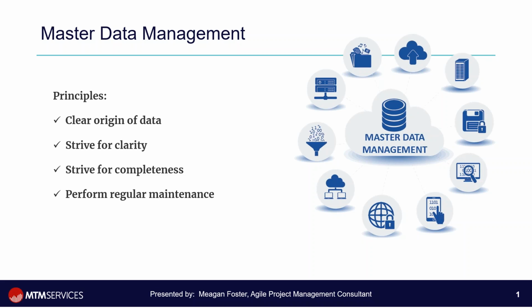We also want to strive for completeness. So wherever we have data that is missing or inconsistent, we want to make sure that we're identifying those gaps and building into our strategy how we overcome those things.